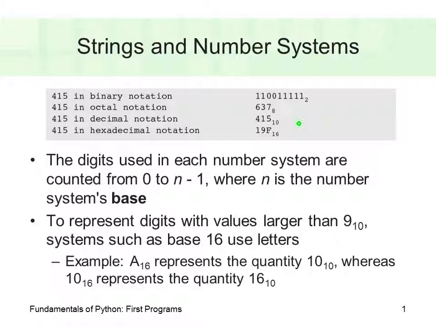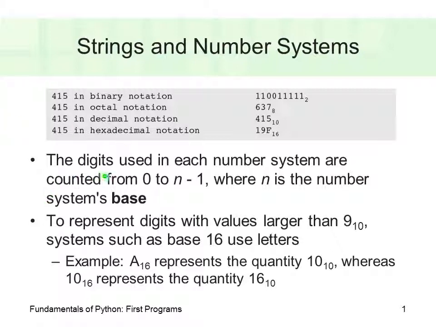So we have 10 available digits, 0 through 9. When we get up to 9 base 10 and we add 1, we have to place a 0 in the units place and then shift over a position. And the 1 in the tens place means that I have 10. So that's where we get 1, 0 in base 10.